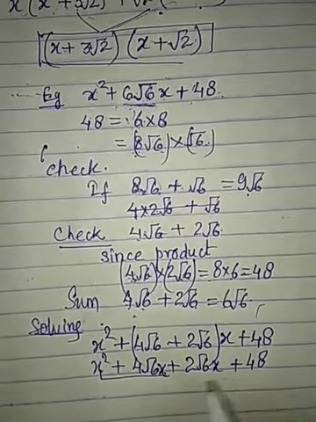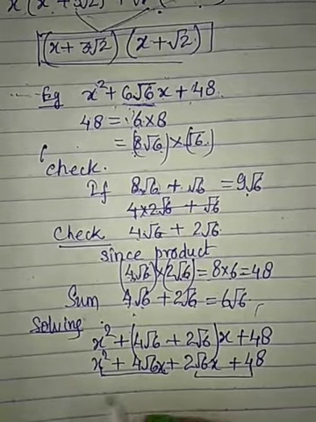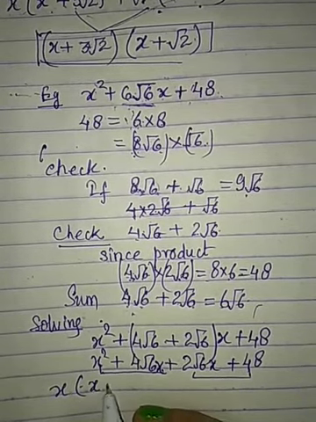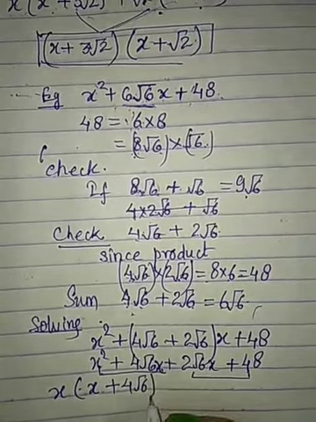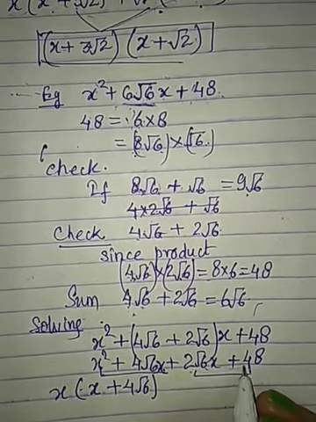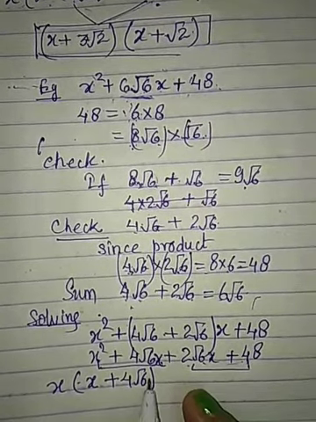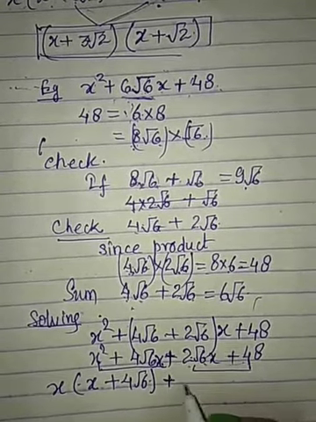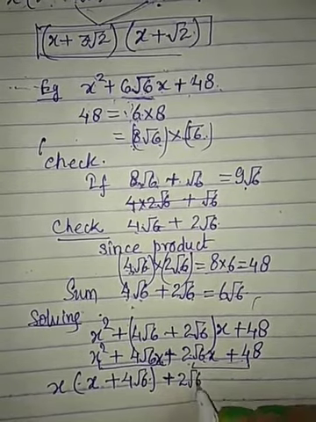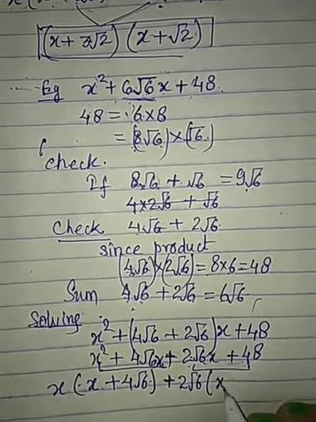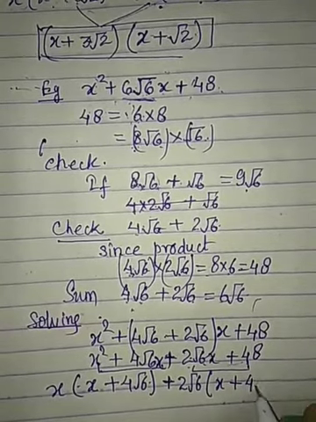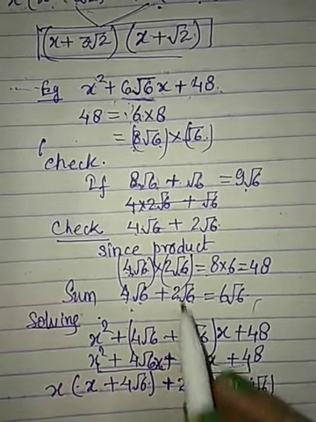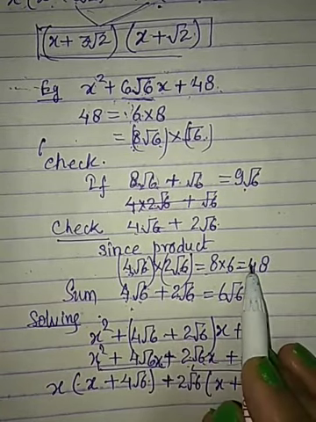Now we take a set of these two. x is common here, take x, and then x plus 4 root 6. Now this is 2 root 6 x and this is 48. Plus is here, plus is here. x is not common with 2 root 6, leave it here. Under the bracket it will come 4 root 6. How? Because I have told you 2 root 6 multiplied by 4 root 6 gives you 48 only.